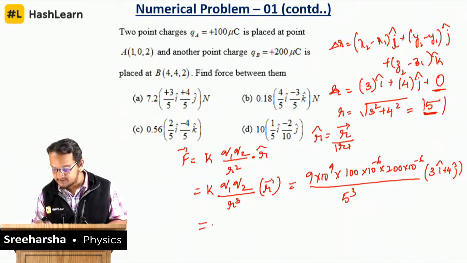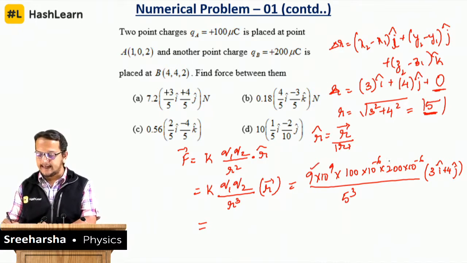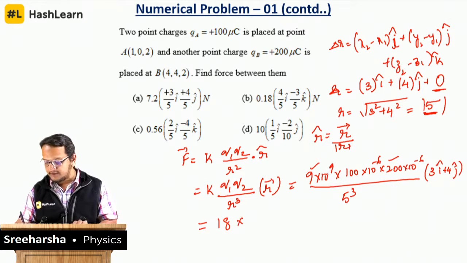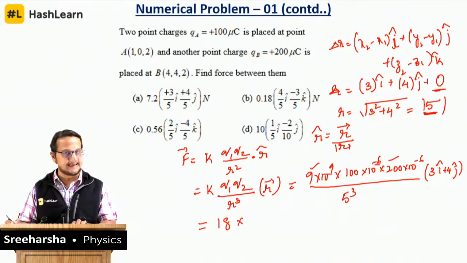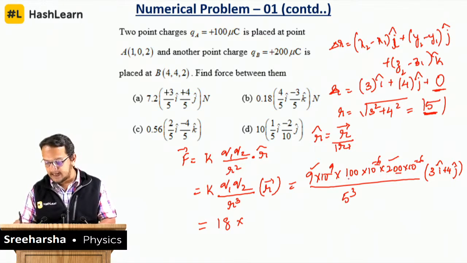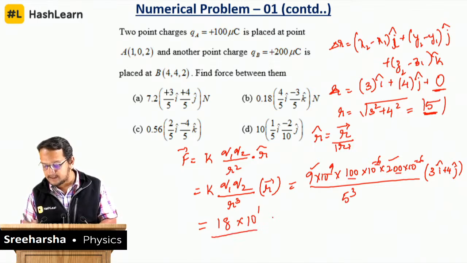So if you substitute, this will be equal to 9 into 2 is 18, into 10 power 9 minus 6 is 3, minus 6 is minus 3, correct? Minus 3 and plus 4 will be 10 power 1, and 5 cube is 125, which is equal to 3i plus 4j.